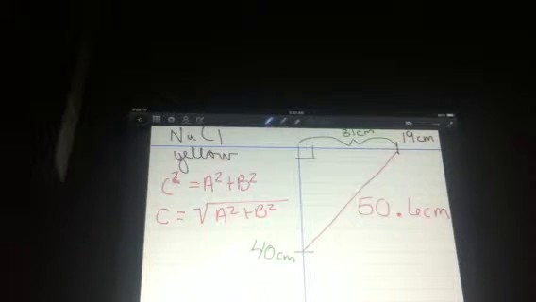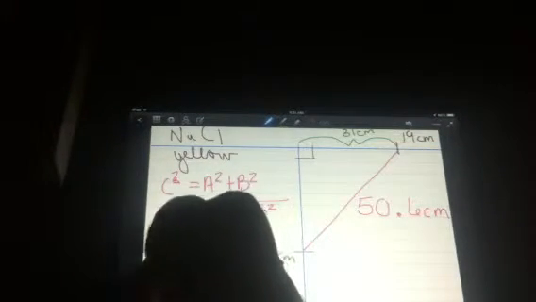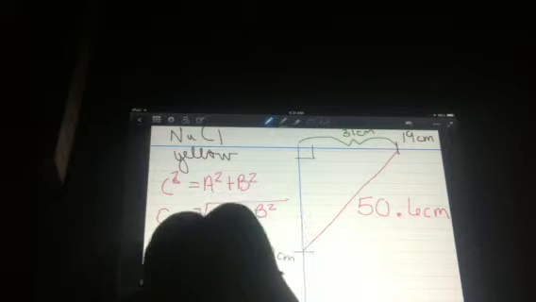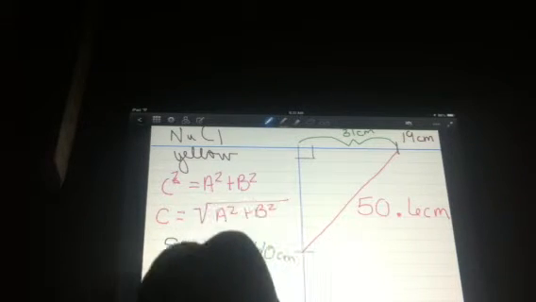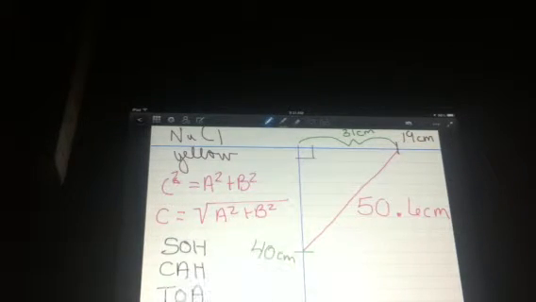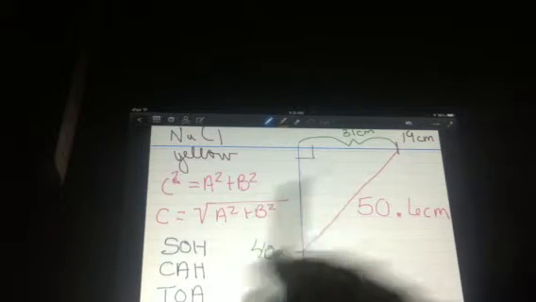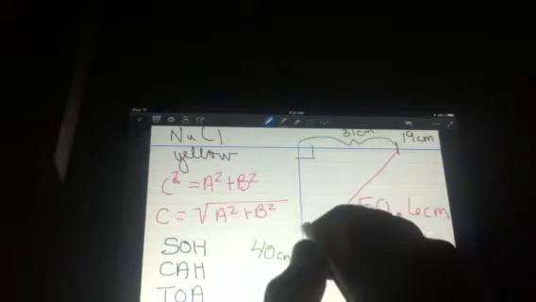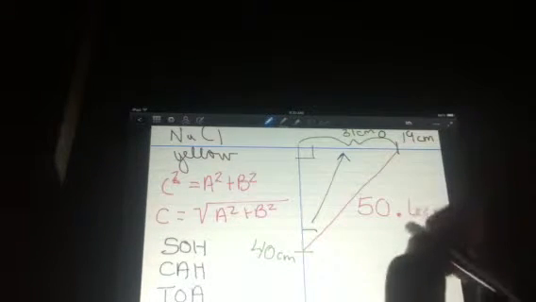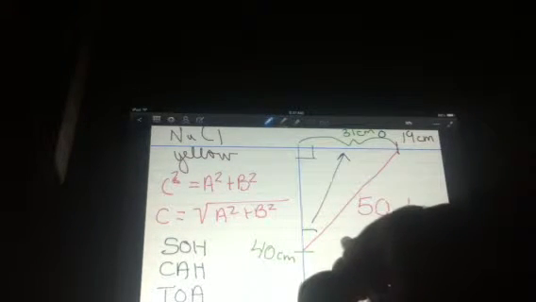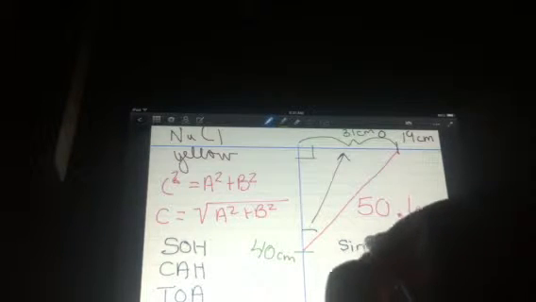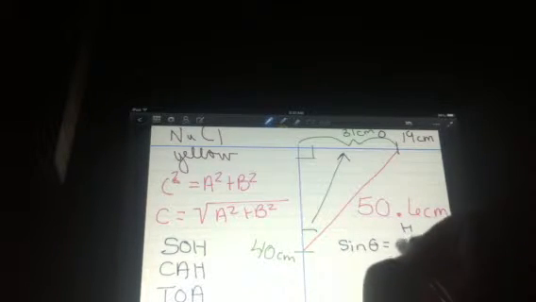Now for my angle. You have to go back to SOHCAHTOA. Sine, cosine, tangent. I'm going to do sine because I'm interested in this angle here. This is my opposite. This is my hypotenuse. So I have sine theta equals opposite over hypotenuse.